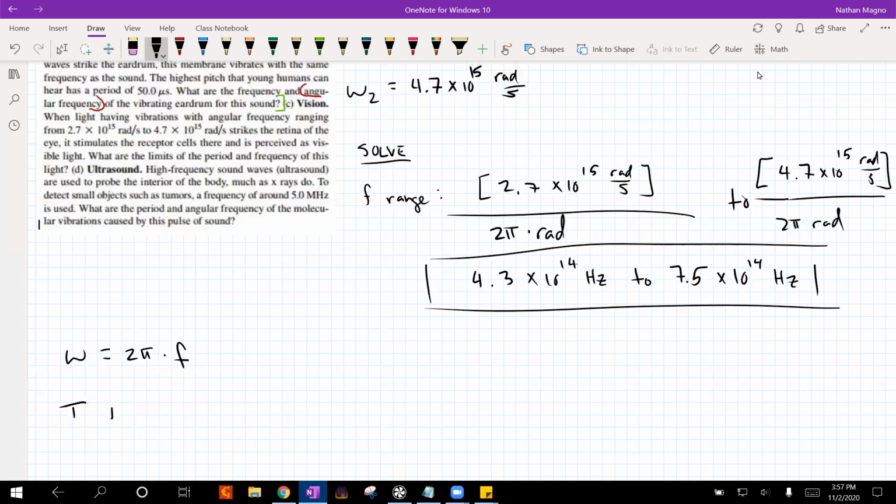So I'll do our period range, and then I'll let everyone calculate the angular frequency themselves, and then I'll post these online so everyone will have the answers to compare. So T range, to 7.5 times 10 to the 14 hertz.